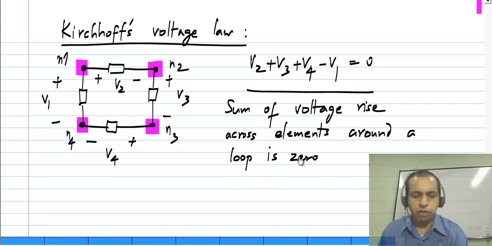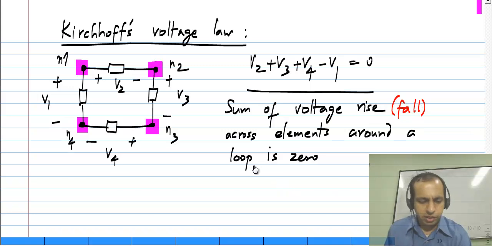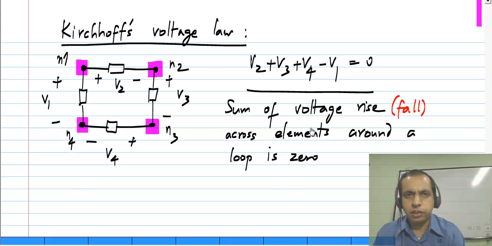Of course, you start from a node and come back to the same node. That's when you would have traced the loop once. And just like you can take a rise, you can also equally well take a fall. But whichever you take, you just do it consistently so that your calculations are correct. This is Kirchhoff's voltage law.